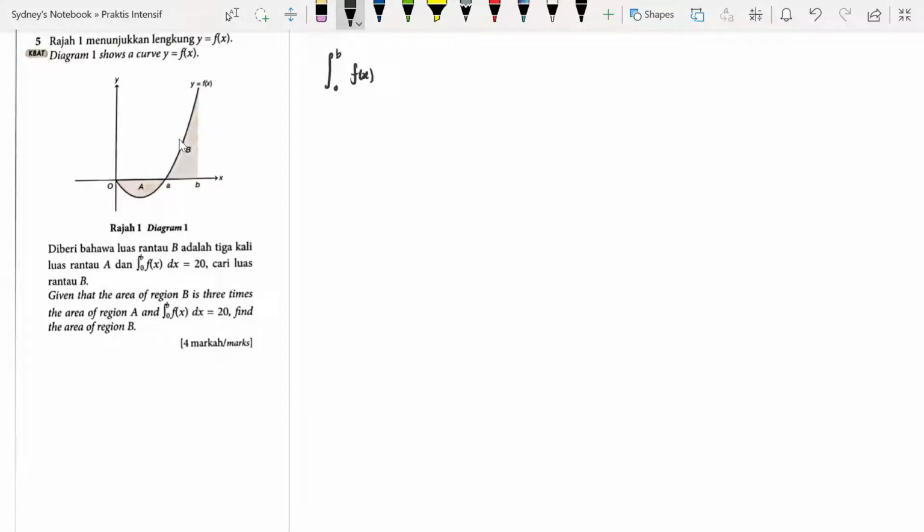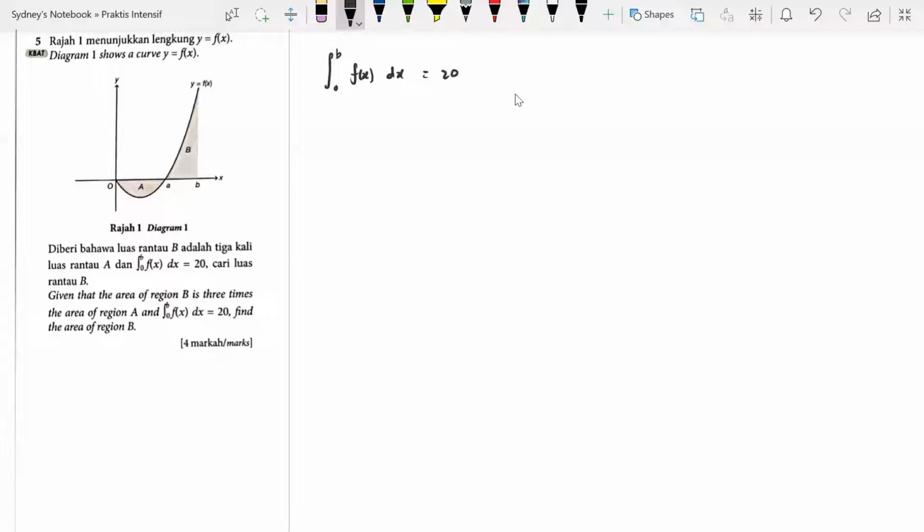That is why, when we need to find the total area, we have to split it: integrate from 0 to a, then add the modulus, then add the integral of the same curve from a to b. But over here the one given is 0 to b, so if we integrate 0 to b directly without splitting it into two parts, the values will automatically cancel each other.